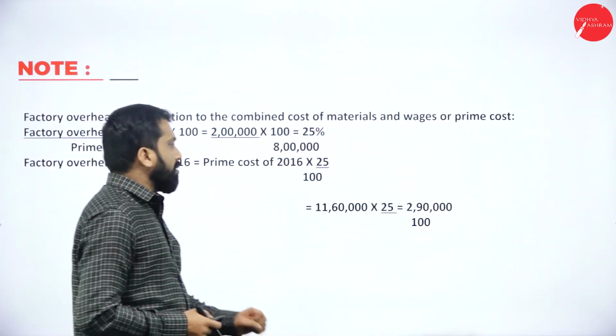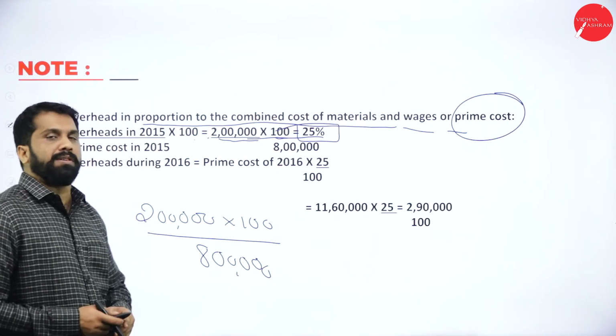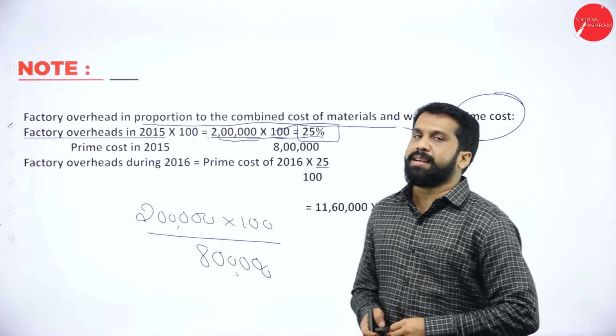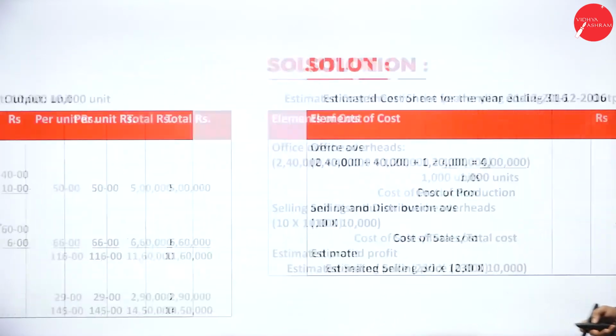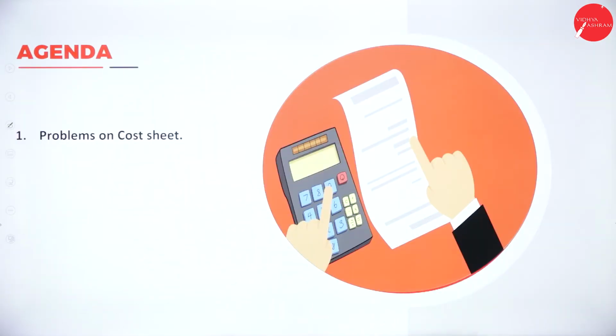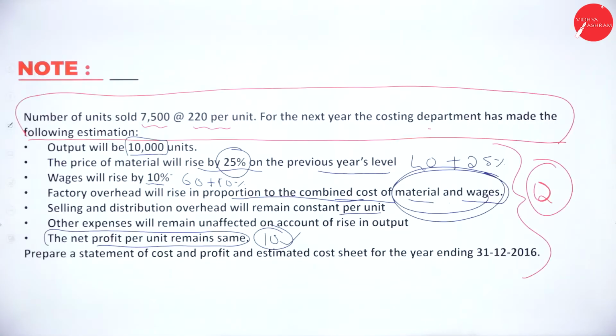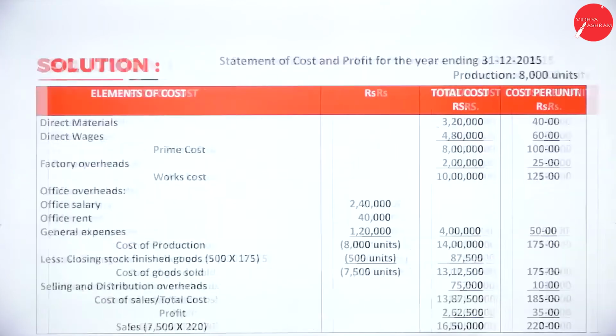So this is all about today's session. These are the working notes. You can use them. I'll show you all these slides so that you can take screenshots. This will be your agenda and this will be your problem question. This is the first part of your question and this is the second part as well as your adjustments.